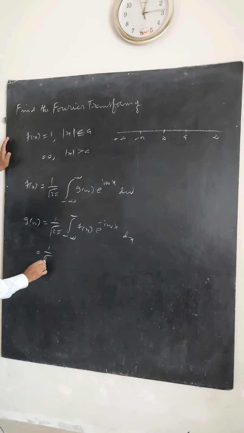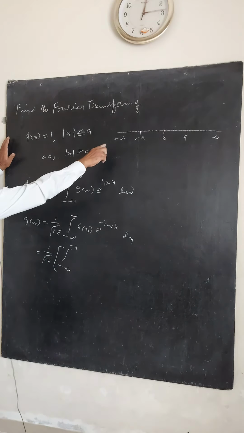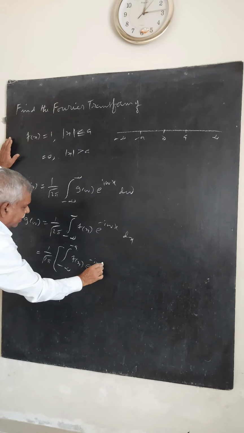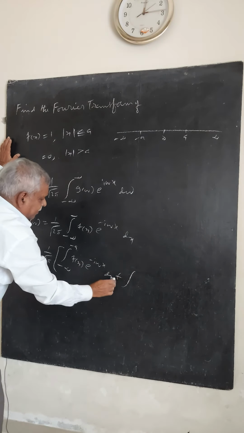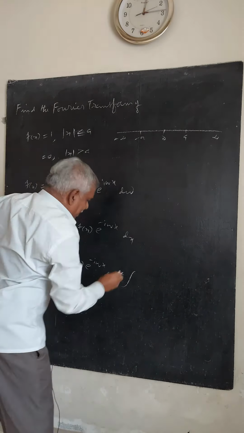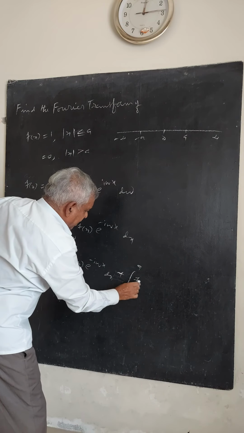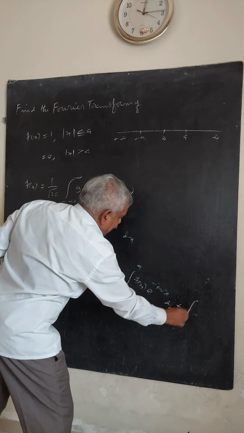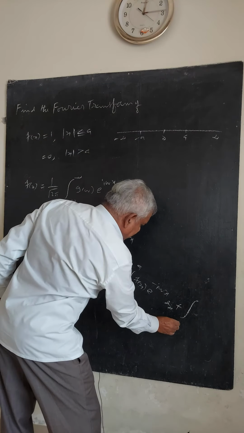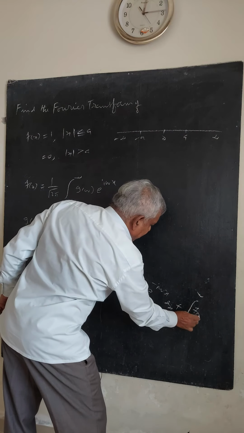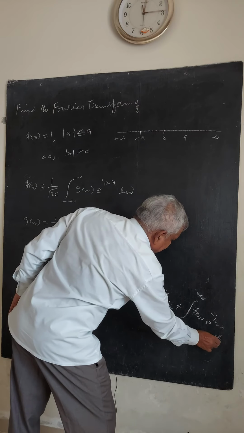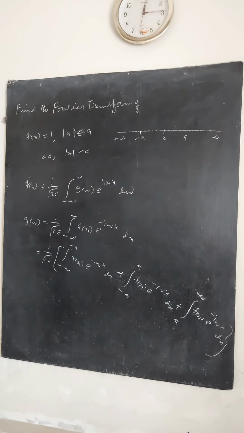Splitting into 3: 1 by root of 2 pi, integral minus infinity to minus a f of x e power minus i omega x dx, plus minus a to a f of x e power minus i omega x dx, again a to infinity f of x e power minus i omega x dx. Put a bracket.